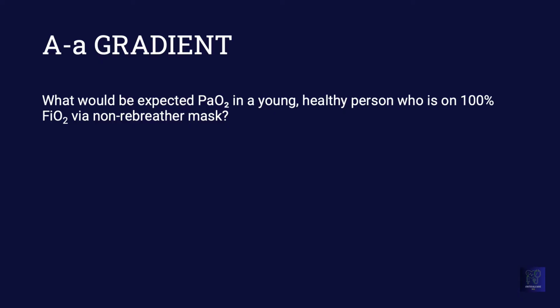Assume the CO2 levels are normal. Here are your options. So what number among these options best matches the expected PaO2 in this individual? Let's discuss A to A gradient and then we'll come back and answer this question.